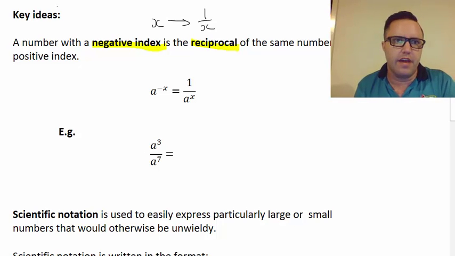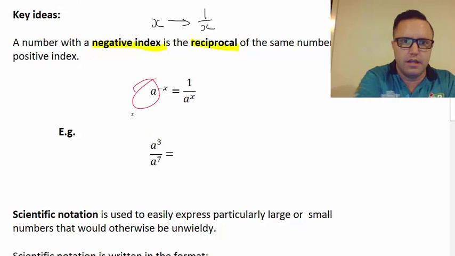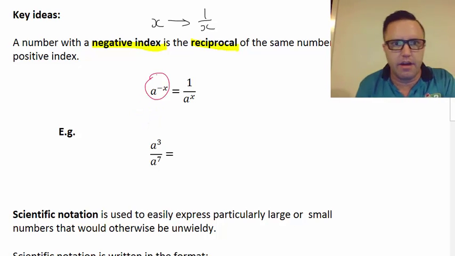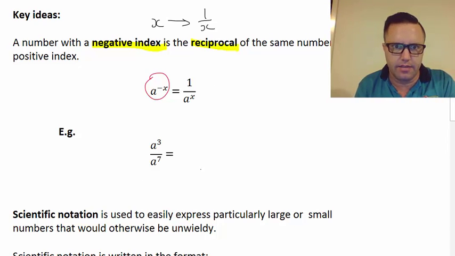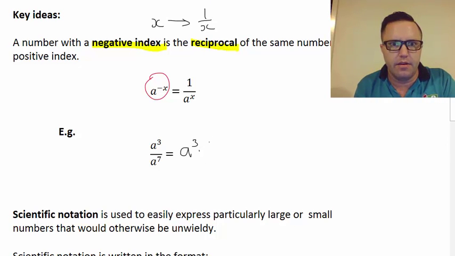Okay, so for example, if we have a to the power of negative x here, that's equal to 1 over a to the power of x. Okay, so for example, if we have a to the power of 3 over a to the power of 7, you'll know now that you can rewrite that as a to the power of 3 minus 7, which gets us a to the power of negative 4, which is 1 over a to the 4.